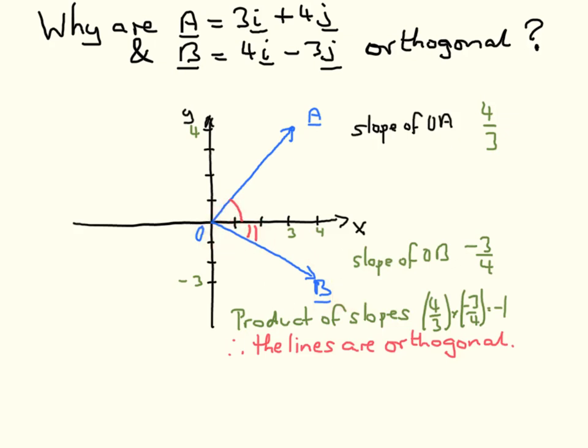Add the two angles together and verify that you get 90 degrees, but I will leave that for you to attempt. So with this, we've seen why the scalar product is 0, and we've reminded ourselves that if we have two vectors at right angles, the scalar product vanishes. So now let's move on to the next question.